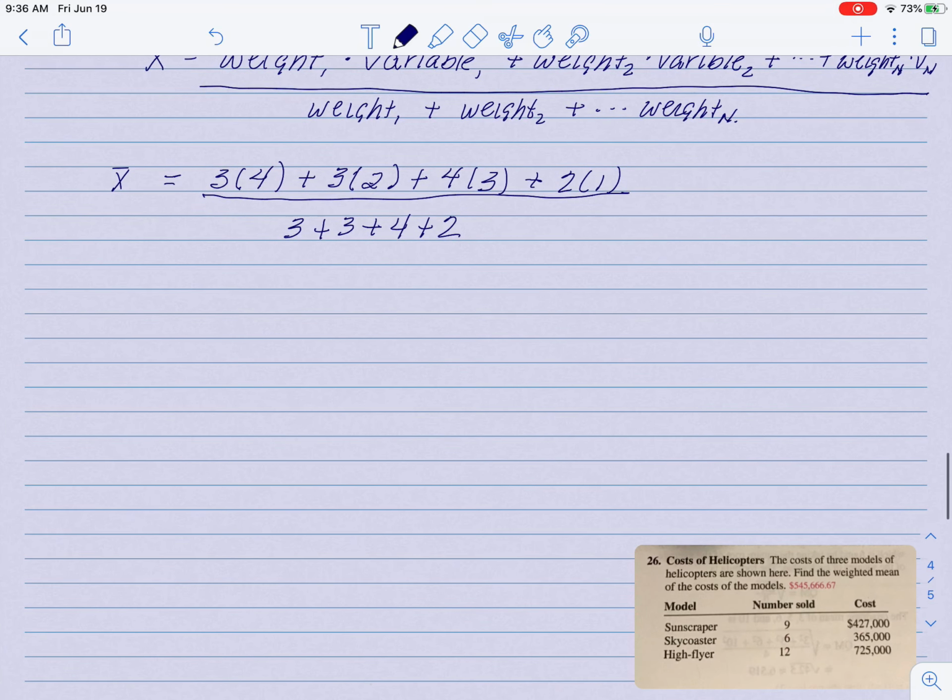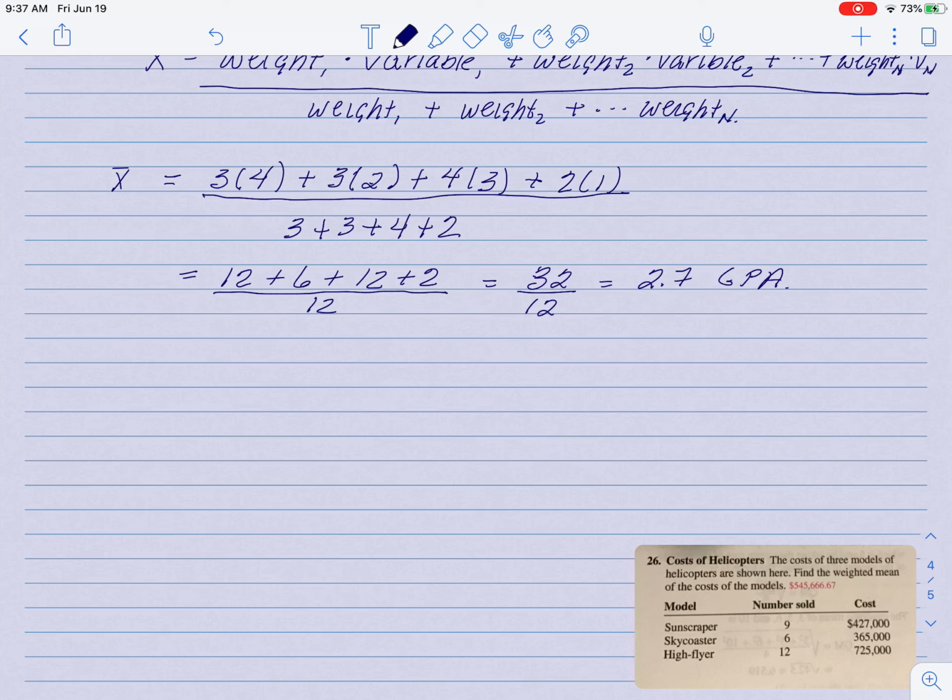Now we simplify this. This is 12 plus 6 plus 12 plus 2 all over 12 semester hours. So I get 32 divided by 12, so we get a 2.7 GPA.